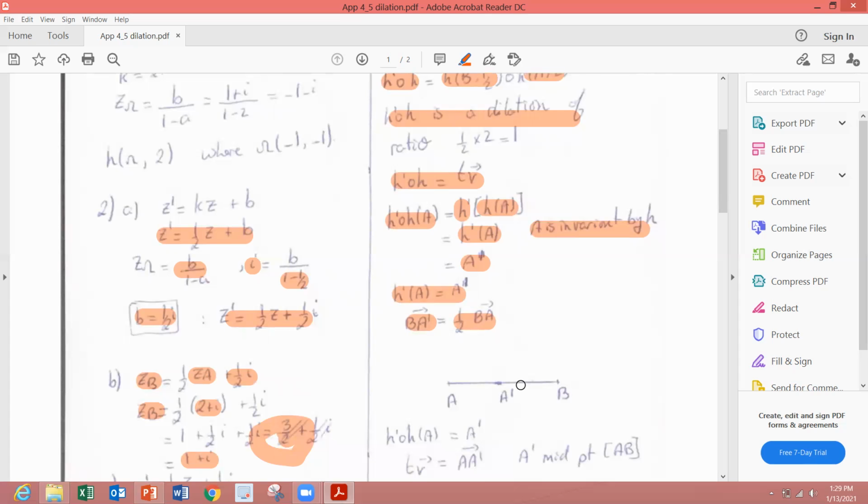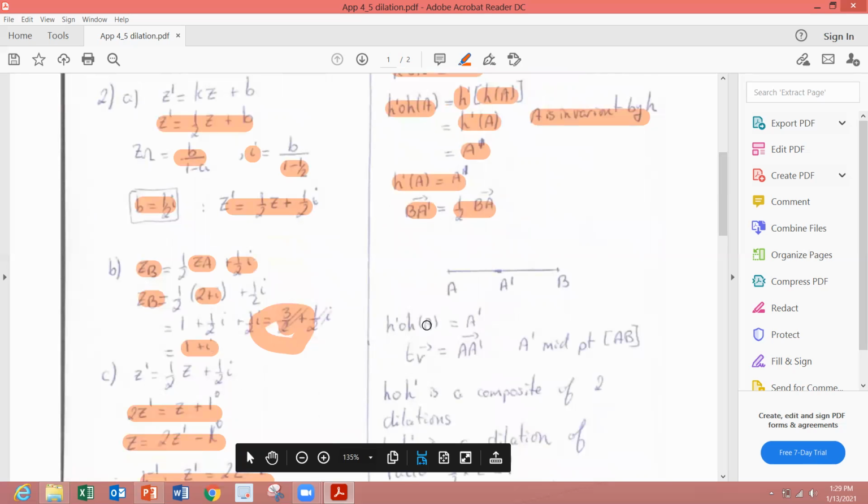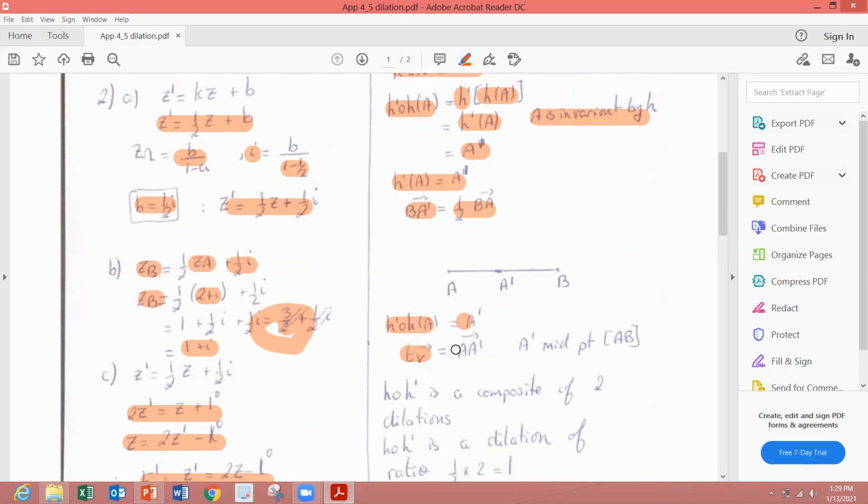Yes. BA prime equals half BA. So we get H prime round H of A equals A prime. Then the translation vector is AA prime. So we have a translation by vector AA prime.